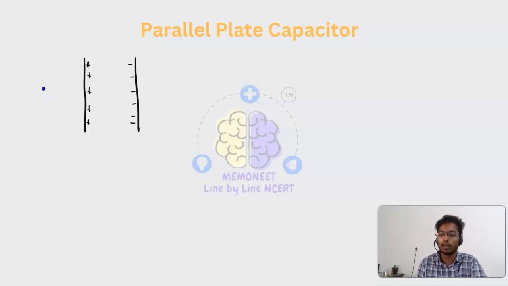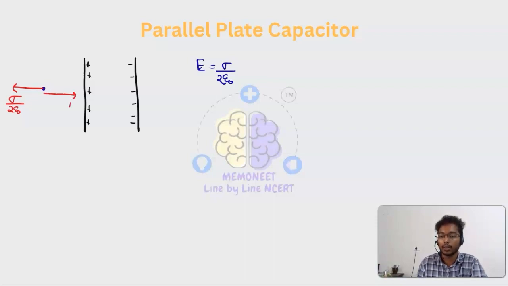The electric field due to a plate, we know, is E equal to sigma upon 2 epsilon naught. For the positive plate, it will repel, that is sigma upon 2 epsilon naught, and for the negative plate we have minus sigma upon 2 epsilon naught, and it will attract.